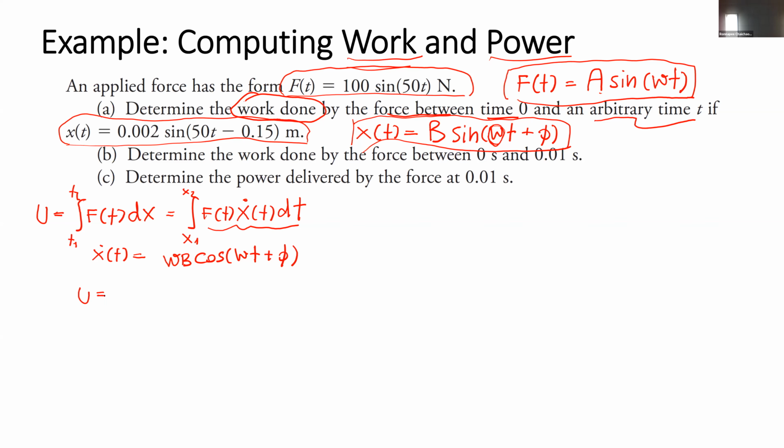Finally, U will equal the integral from x1 to x2, where x1 is also a function of time, at t equal to 0, and x2 at t equal to t. F is sine omega t, and x dot is omega b cosine(omega t plus phase phi).